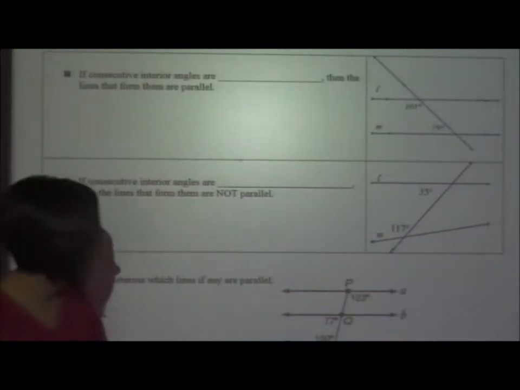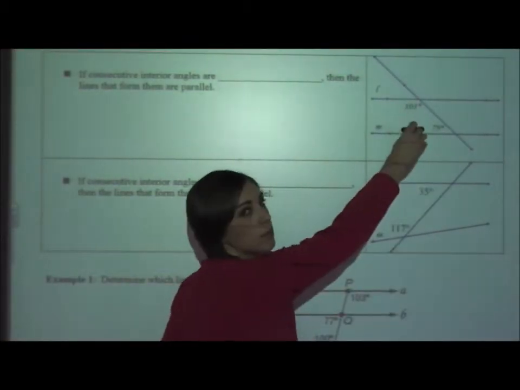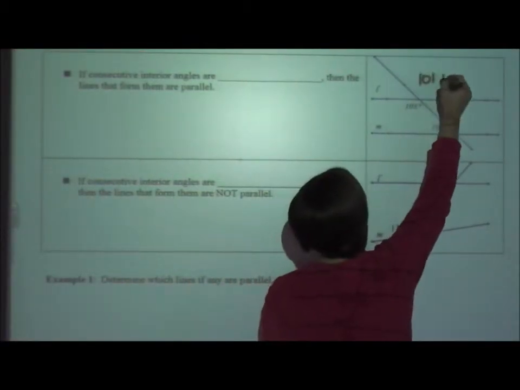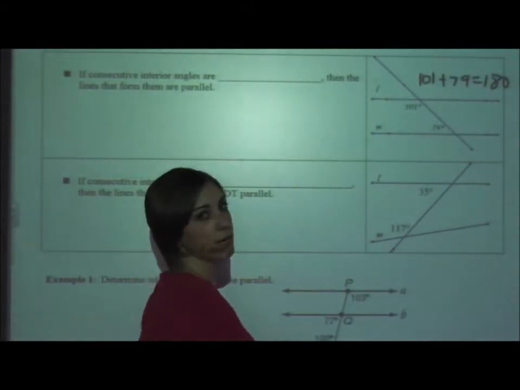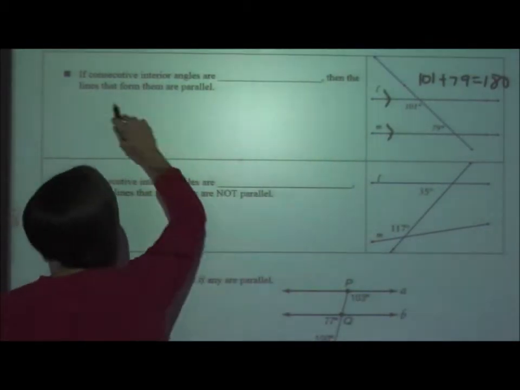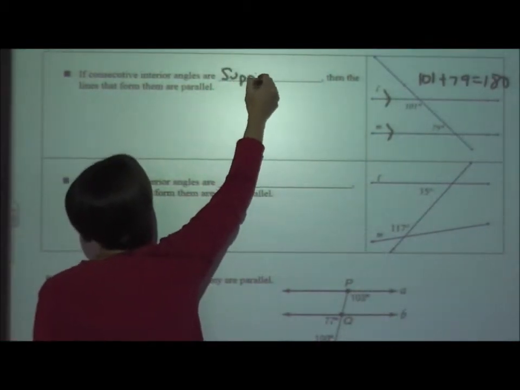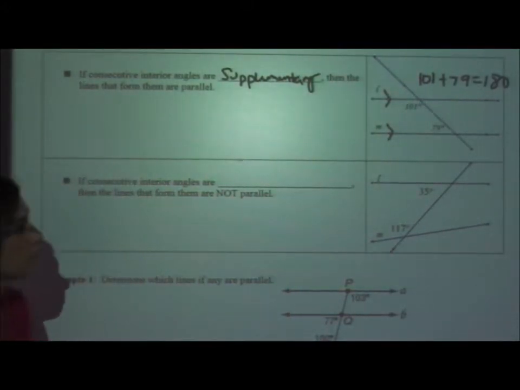Then we have the consecutive interior angles. If consecutive interior angles are supplementary, so 101 plus 79 equals 180, that is supplementary, then that means we have parallel lines. So if they're supplementary, then the lines that form them are parallel.